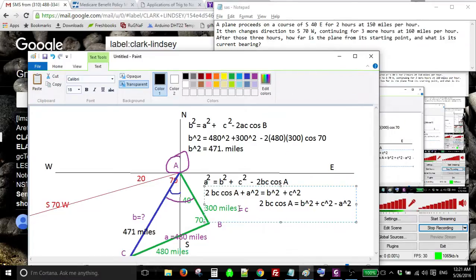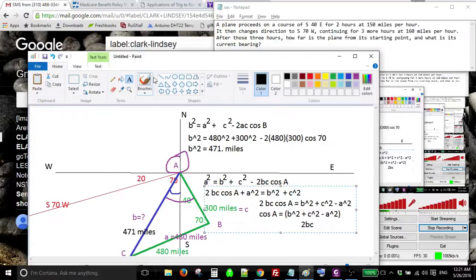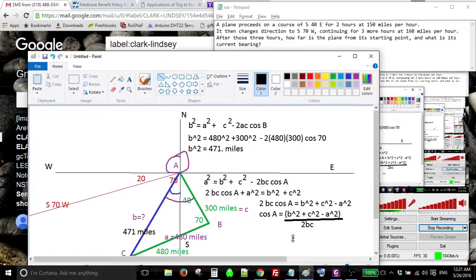2bc cos A equals b squared plus c squared minus a squared. And I'm going to divide both sides by 2bc so I can have cosine A alone. So cosine A equals b squared plus c squared minus a squared over 2bc. Alright, there's my fraction bar.